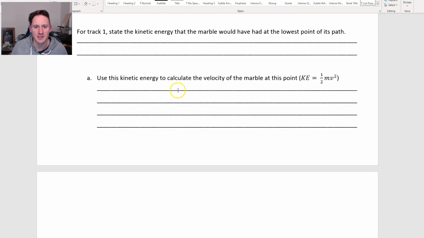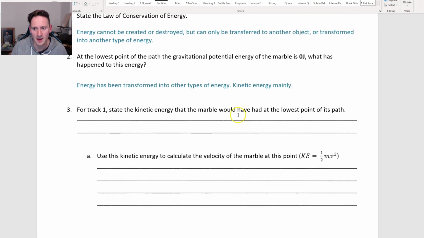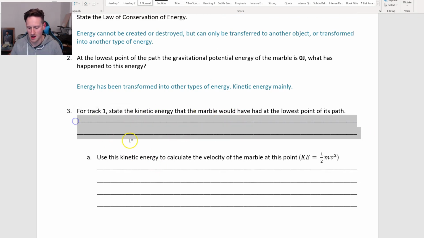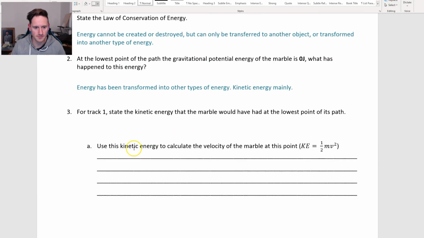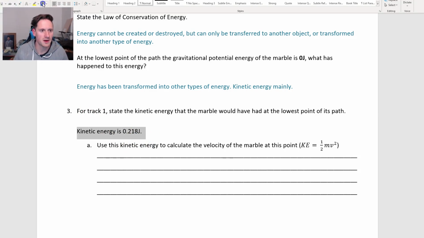Use the kinetic energy to state the velocity of the marble at this point. KE equals half mv squared. Okay, so we've got the kinetic energy, so I'm just going to write that it's that. Now you should put an explanation down, but that's going to be my key thing that I'm writing here.